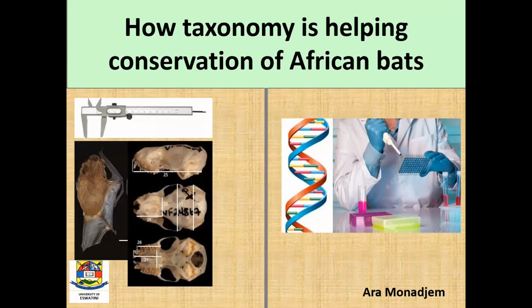What I want to try and show you in this presentation is that that is a completely wrong attitude and approach, and that in fact taxonomy and systematics are very integral to all the disciplines of biology, especially ecology and conservation. And I will draw mostly on my own experience with this through the work that I've done on bats in different parts of Africa.